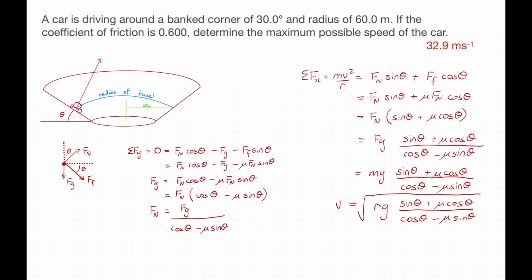We have all the values for everything here. So now I can just plug those numbers straight into the relationship. So I'm going to get the square root of 60 times 10, times sine of 30 plus 0.6 times cosine of 30, divided through by cosine of 30 degrees minus our 0.6 times the sine of 30 degrees.